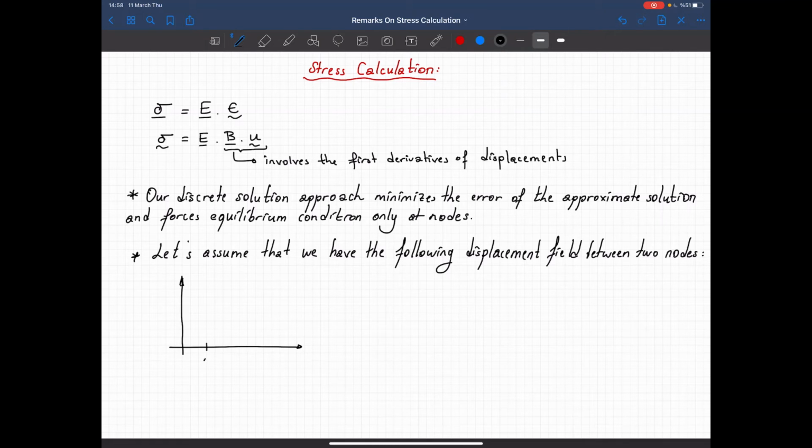Let's say that that's node I, that's node J, and my exact displacement field. Let's simplify it. Let's use a linear variation. It is like this. That's the exact displacement field.